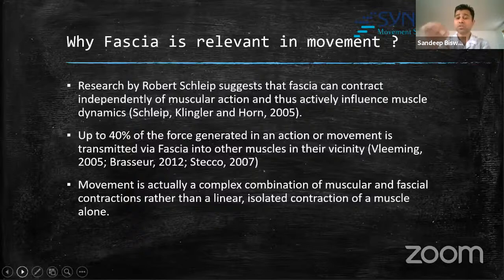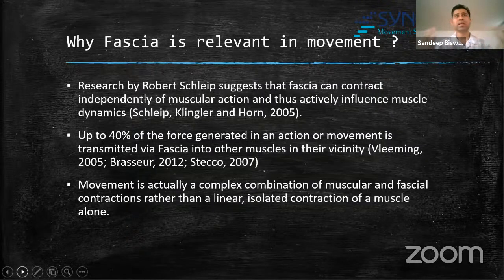It is important because if you send the whole force through a single muscle, you will end up rupturing the muscle. So suppose you're doing a biceps curl using a 10-kilogram weight, actually only 6 kilograms of weight is going to your biceps. The rest, 4 kilograms, is actually spread around all other tissues in the vicinity. And it is very important. Okay, if that does not happen, you're influencing the structure or the efficiency of the system.